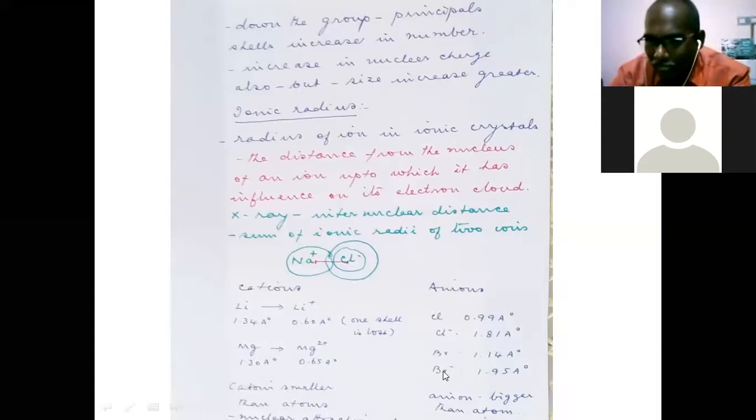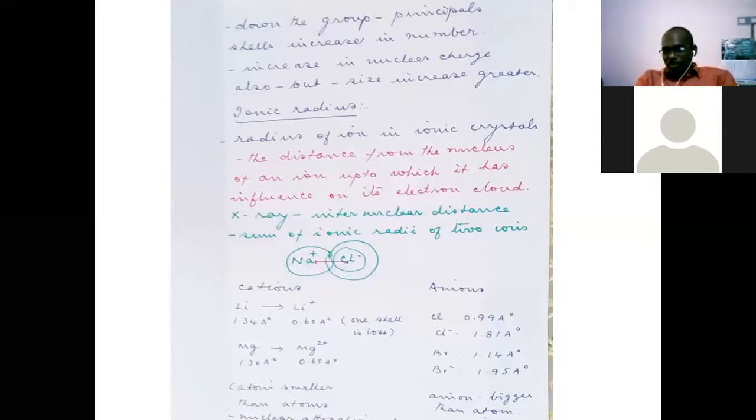And also here, the decrease in size is not only because of the loss of the shell, it is also because the remaining electrons are effectively attracted by the nucleus. Previously, if you take lithium, atomic number 3, the 3 protons are attracting 3 electrons. After the loss of one electron, one shell is lost, and also in the new situation, the 3 protons are attracting 2 electrons.